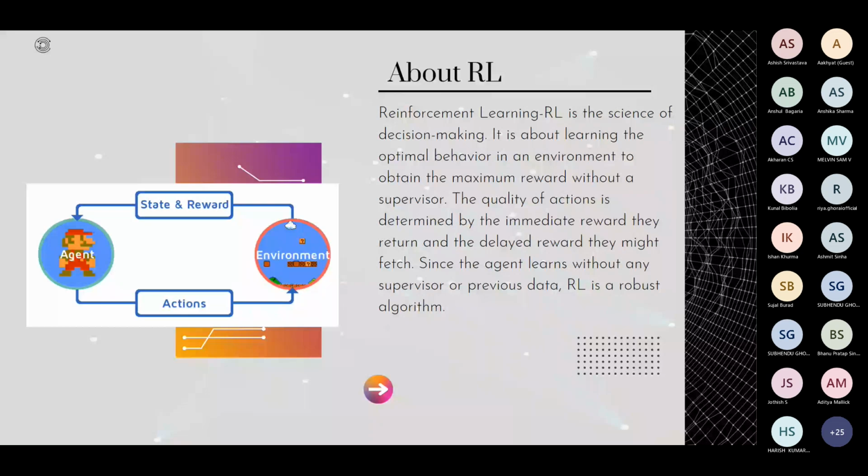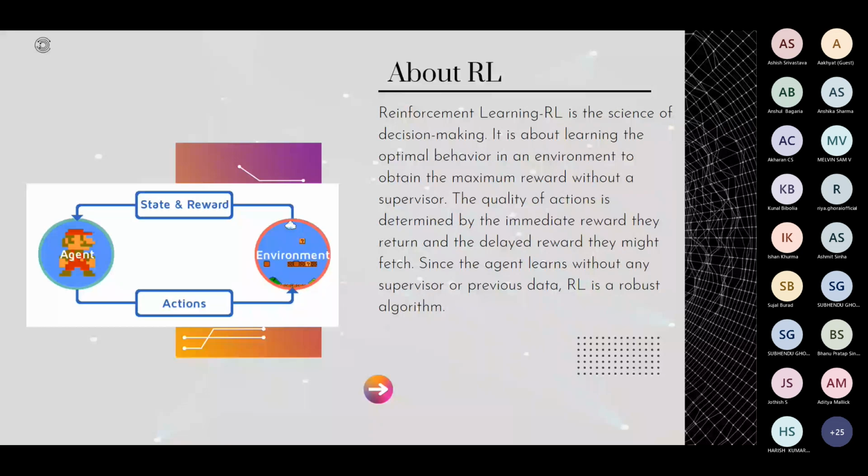We see what reward the agent receives and try to maximize it. Because we don't use any previous data, RL is a very robust approach and one of the most upcoming fields of research in machine learning.